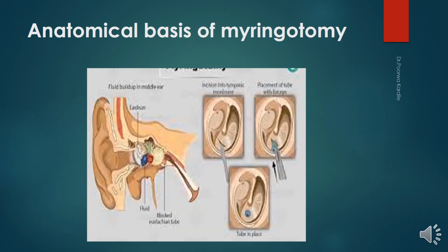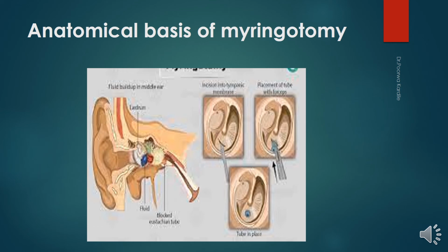The tympanic membrane is incised to drain pus present in the middle ear. The procedure is called myringotomy, and the incision for myringotomy is made in the posterior-inferior quadrant of the membrane where bulging is most prominent.